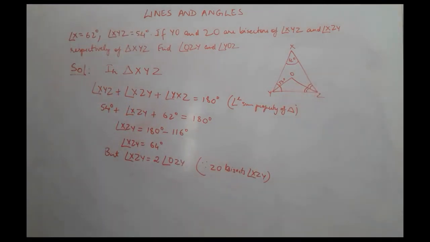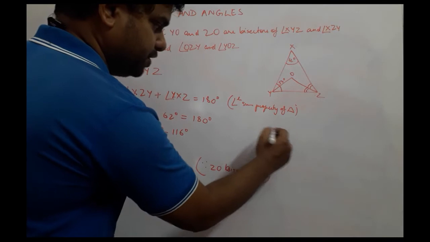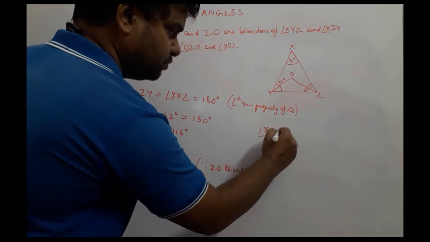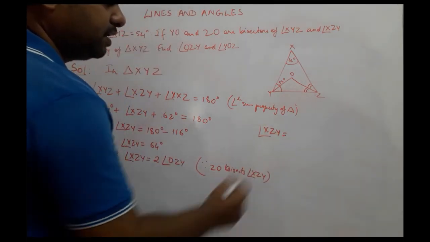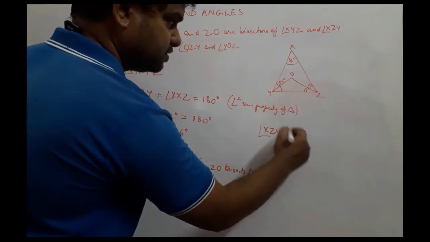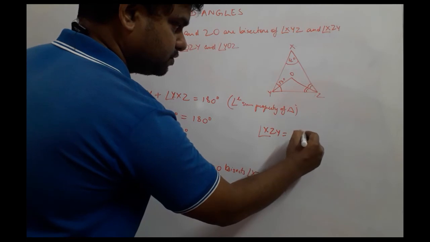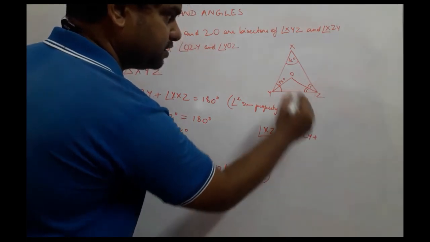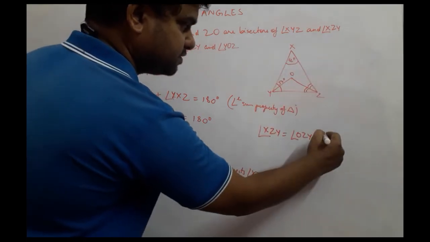How does that become? Let me show you over here. Angle XZY, the full angle, can be taken as the sum of this angle plus this angle. So it is angle OZY plus angle OZX.